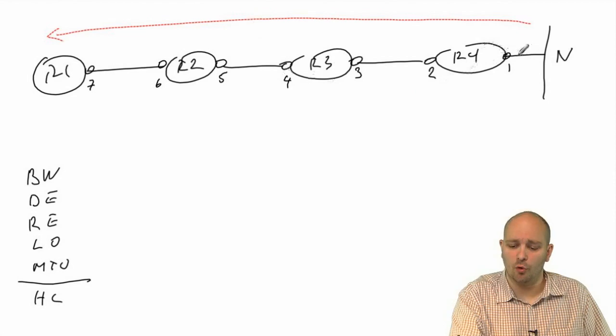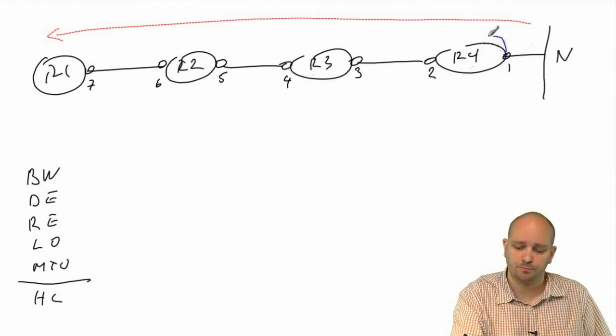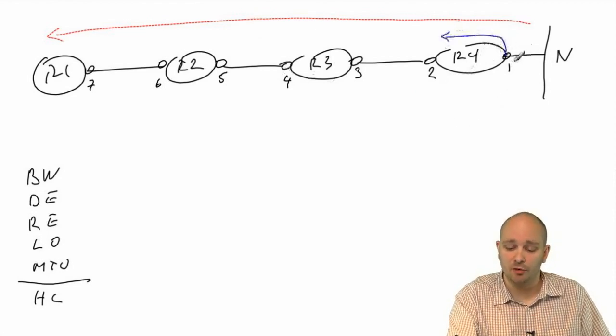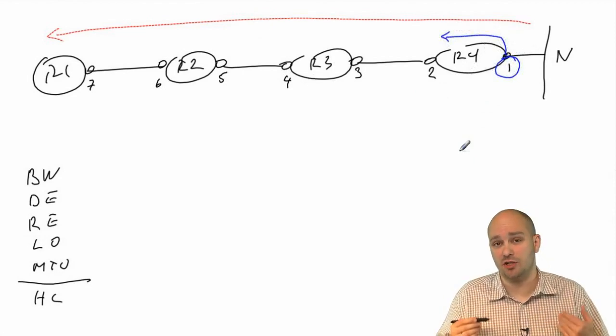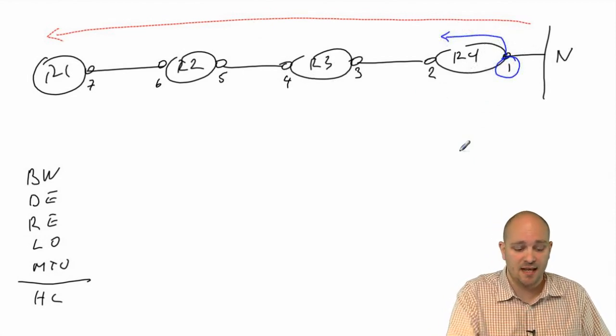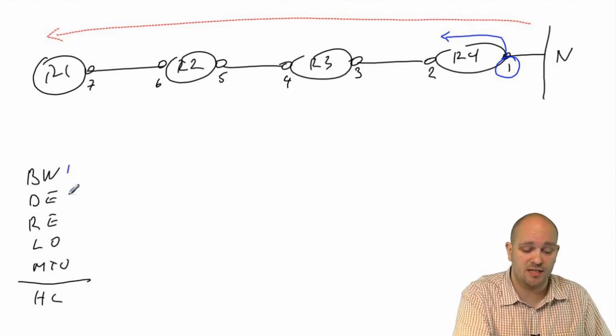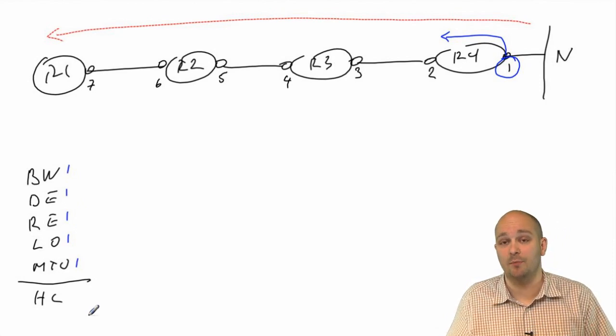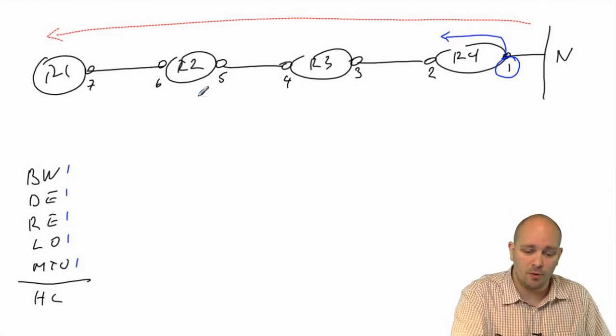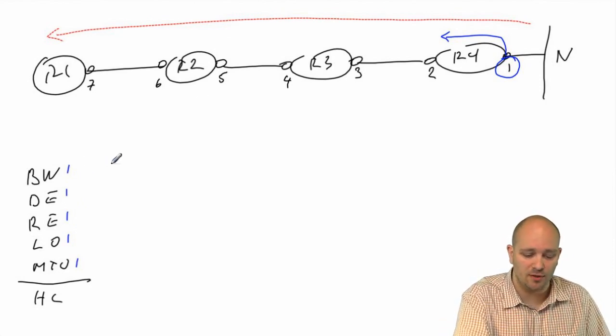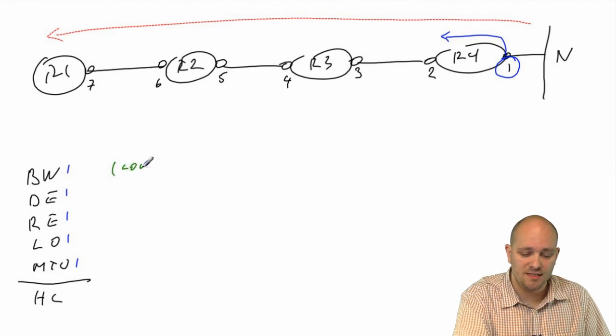Now, when R4 injects this route into EIGRP, it's obviously going to use the information associated with this interface. That means bandwidth associated with interface 1, delay, reliability, load, and whatever the MTU was. Now, remember before I proceed that for bandwidth, at the end we are going to be seeing only the lowest value of the bandwidth.